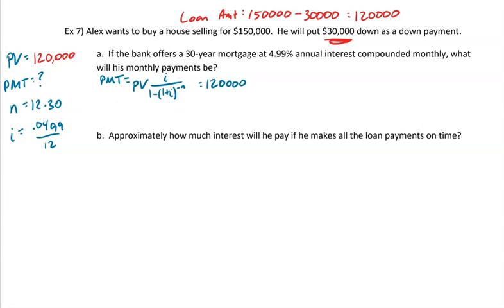I is going to be 0.0499 over 12. Now on bottom, 1 minus 1 plus I again, so 0.0499 over 12 to the negative n, which will be negative 360. And that's just from multiplying these out.